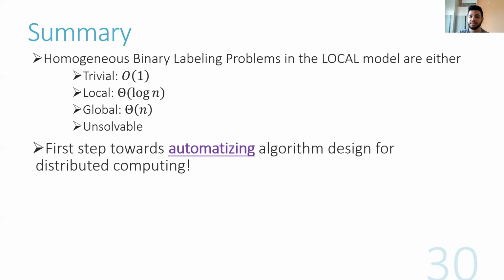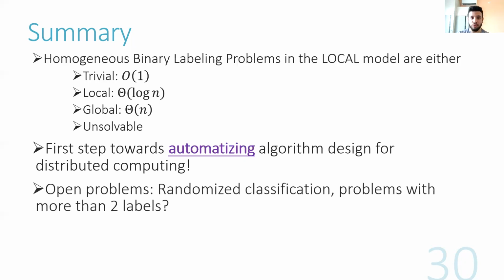This is actually the first step towards automatizing algorithm design for distributed computing, because just by giving the description of the problem, you can not only find out its complexity, but actually the optimal algorithm solving it.